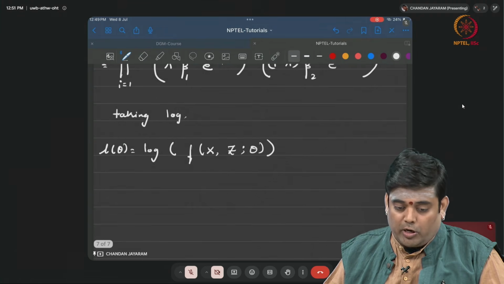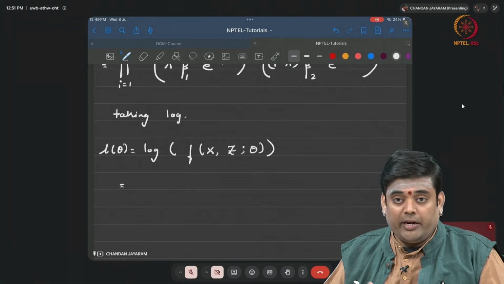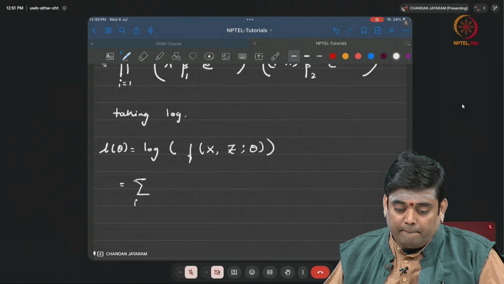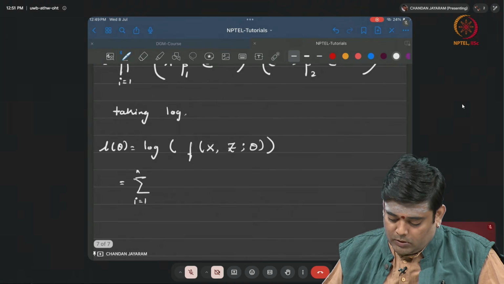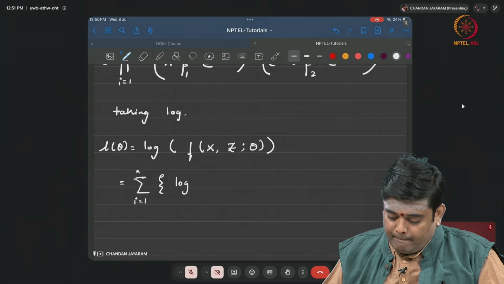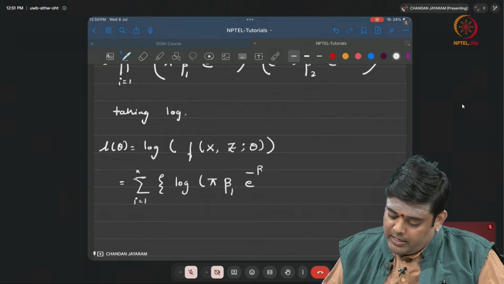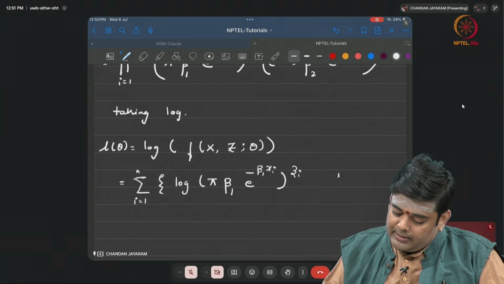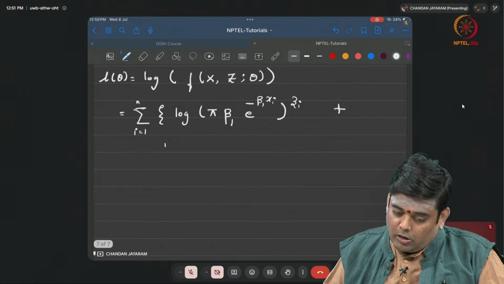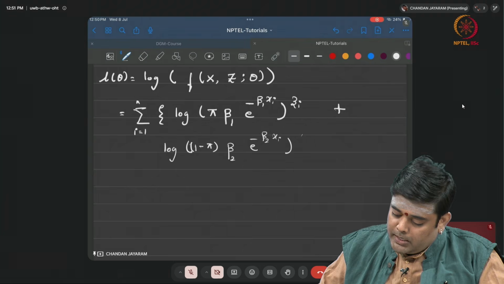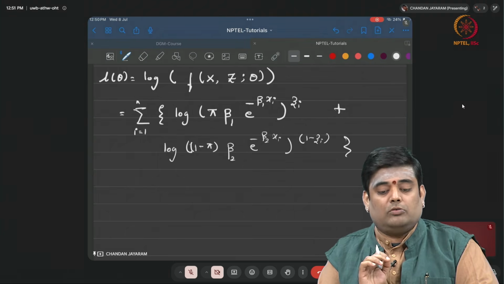Now this is a product, so you can immediately apply the rules of logarithms, and this will become summation i equal to 1 to n of log of pi beta 1 e to the power of minus beta 1 xi raised to the power of zi, plus log of 1 minus pi into beta 2 e to the power of minus beta 2 xi. So this is what the log term will become.